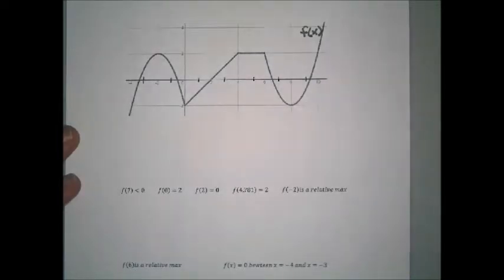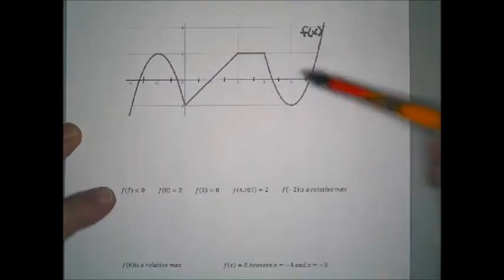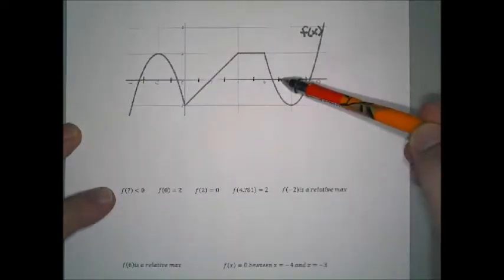So on this function, which is defined as f of x, f of 7 is less than 0. So on the function, at the value of x equals 7, which is right here, is the function less than 0?